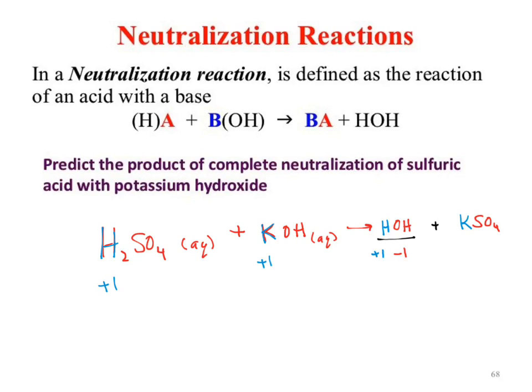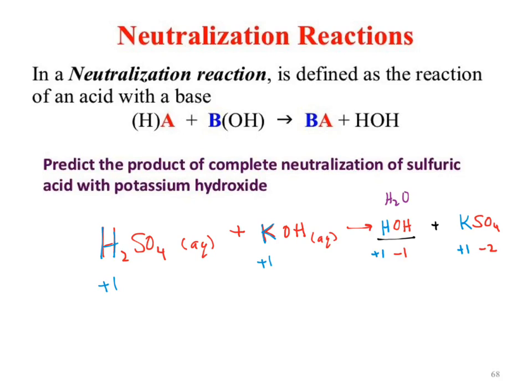Do I have a proper formula? Yes. I could also write that as H2O. I would make the argument that HOH, particularly color-coded, is a little bit more helpful. How about potassium sulfate? Charge on potassium, I already started to hear someone say it. A +1, the charge on sulfate, a -2. Is that formula correct?